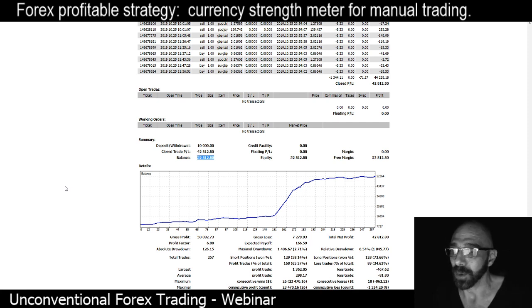It's a tool to read in real time the trending of the strength of the currencies. That is a kind of 75% of the analysis. It is just a leading indication that defines on which currencies I have to focus.